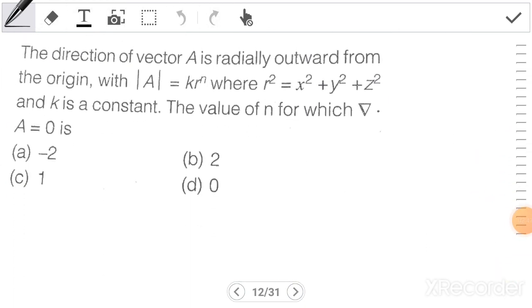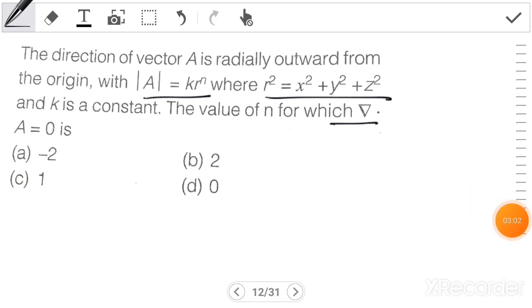The direction of vector A is radially outward from the origin, with A equal to k r raised to the power n, where r square is equal to x square plus y square plus z square and k is a constant. The value of n for which del dot A is equal to 0. Since vector A is radially outward from the origin, we can write A vector as k r^n a_r.